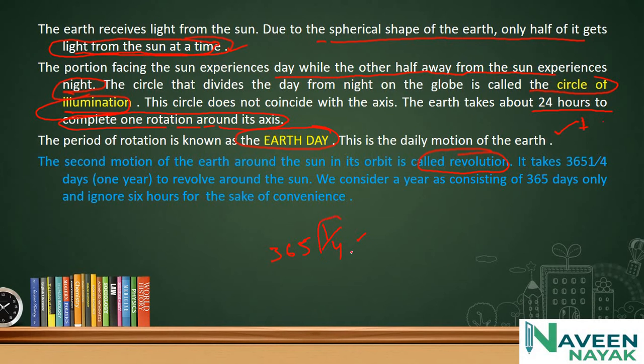The remaining hours are added in the leap year. We consider a year as consisting of 365 days only, ignoring 6 hours for the sake of convenience, and these 6 hours are added in the leap year. A leap year comes every 4 years, and because of this the extra hours are added to that year.